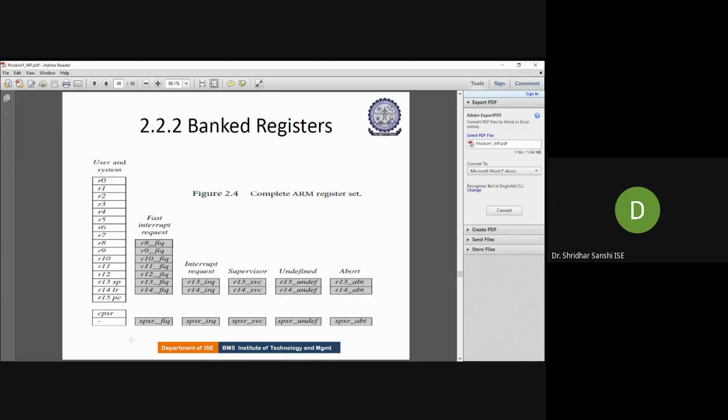So these register values will not be changed, they will only be replaced with the specific registers. Once the mode changes back, the original value will be restored. This is how the banked registers are used. Fine.